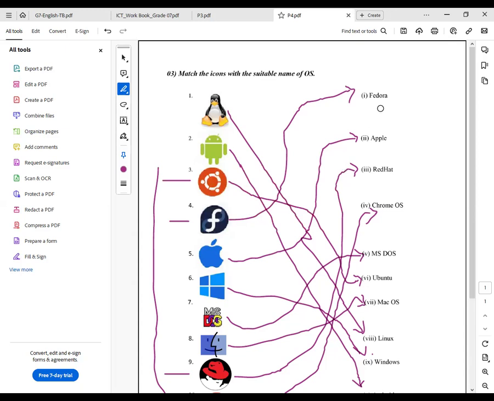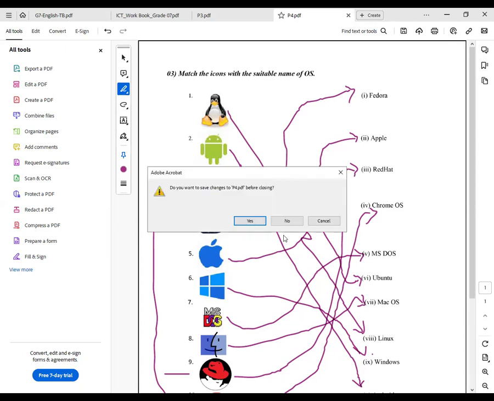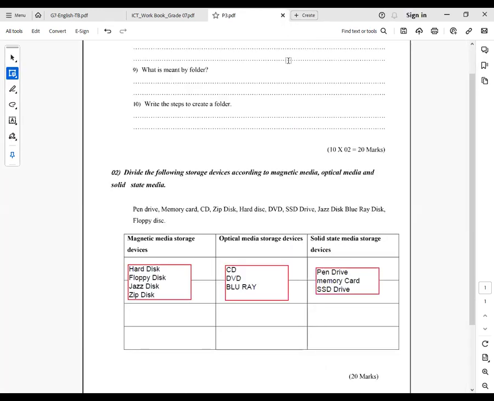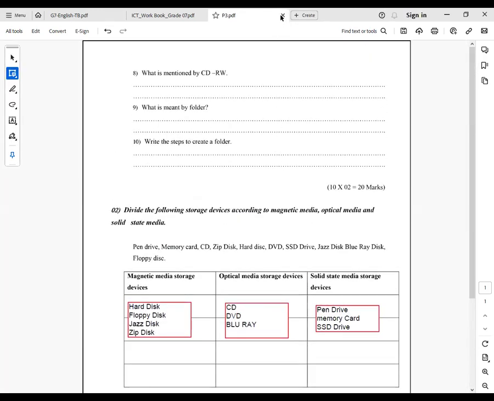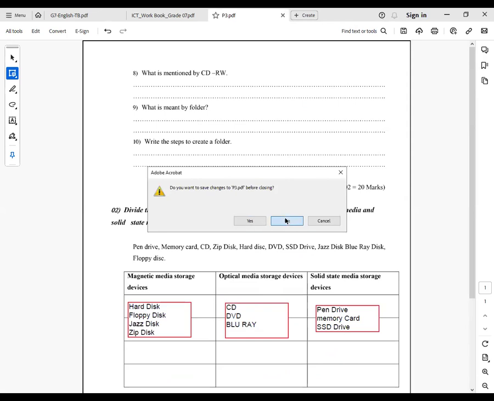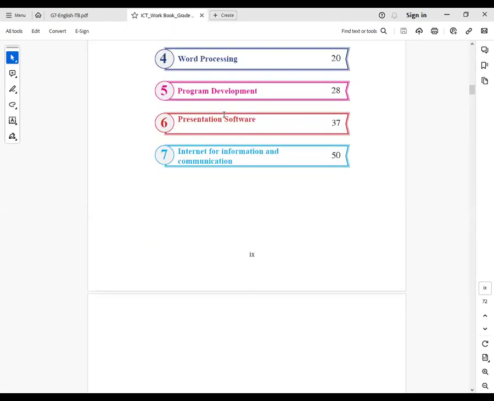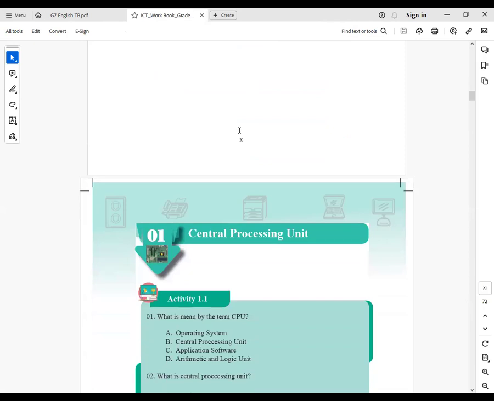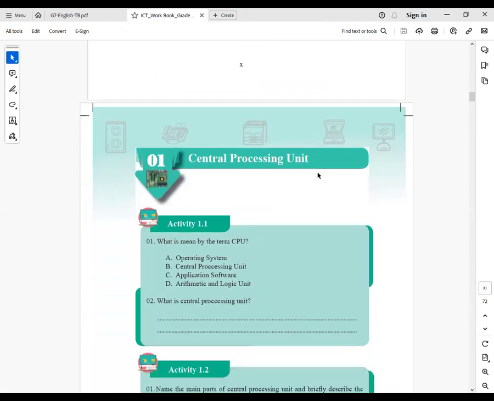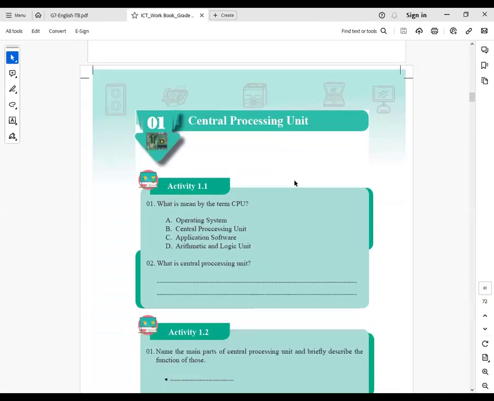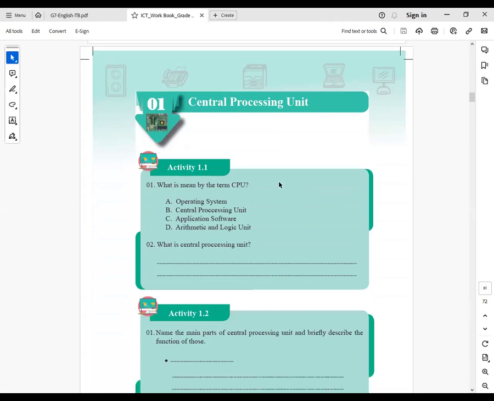Okay. This is your school workbook. Now I am going to do it.